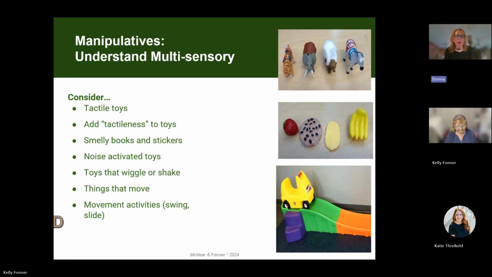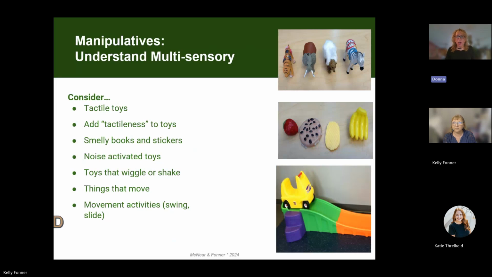Yeah, so a part of using the tactile learning channel is just really thinking about multisensory and adding in that tactile to manipulatives. And these are actually photos from a friend of mine who's a private speech clinician who has clients who are young children who are visually impaired.